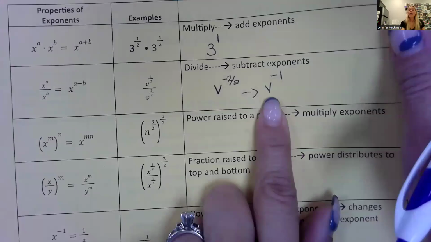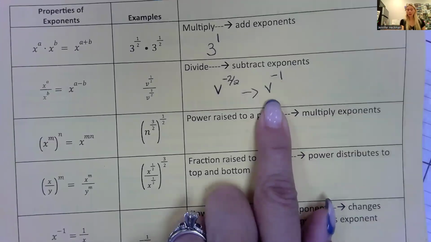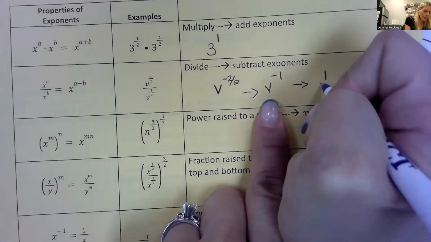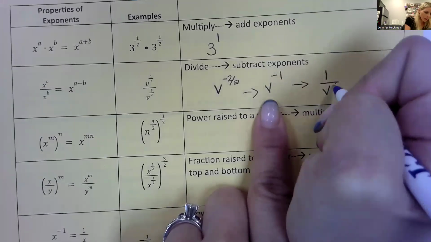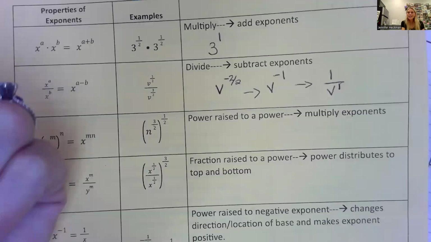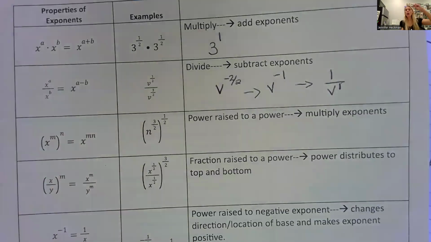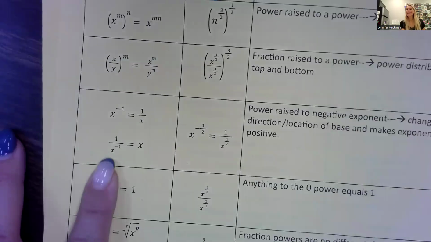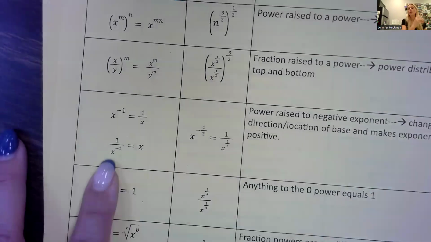So if it's on top, meaning the numerator, which it is, the way to make it positive is to put it in the denominator, but with a positive exponent. If it were in the denominator, just like this one right here, again, I don't like the negative exponent, so I'm going to change its location, put it in the numerator, and then make it positive, okay?